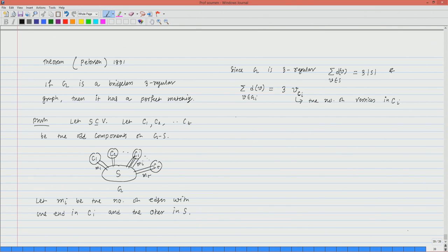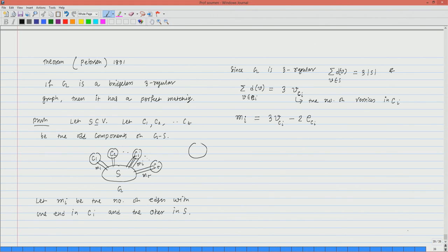Now, this is a very important step, where I am trying to compute the number of edges Mi from Ci to S. You can see that this number is 3 times V(Ci), that is the degree sum for the vertices in Ci, minus 2 E(Ci).